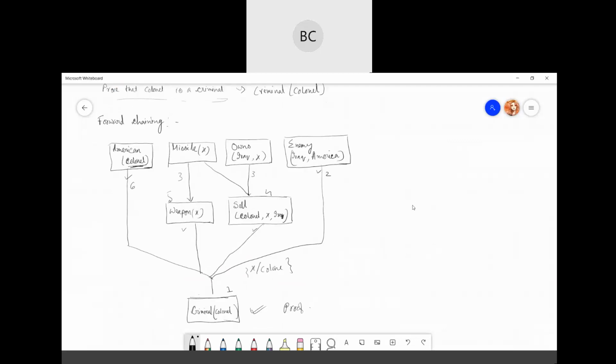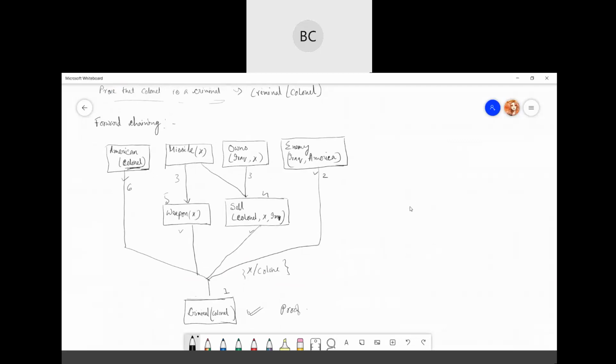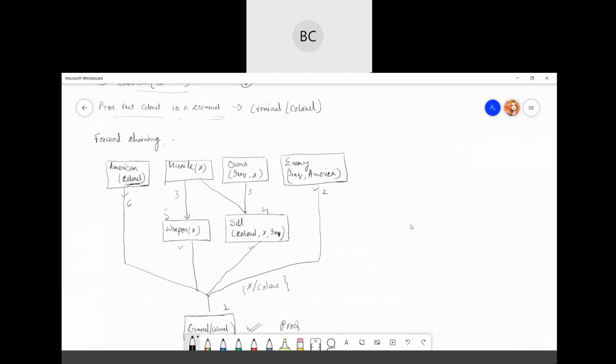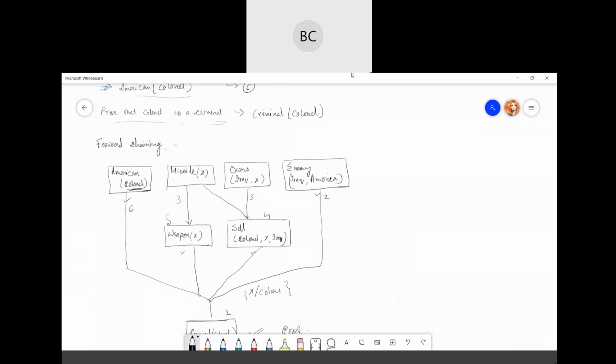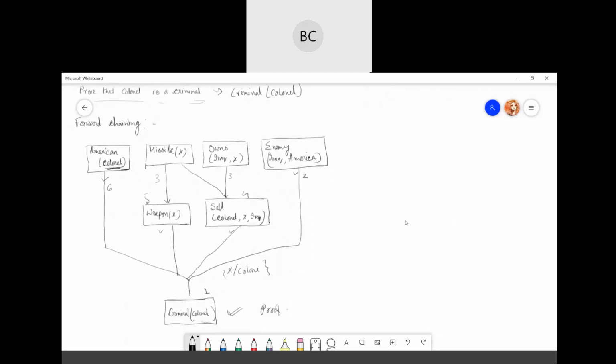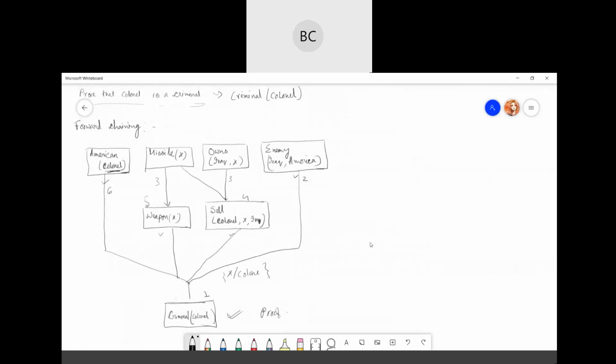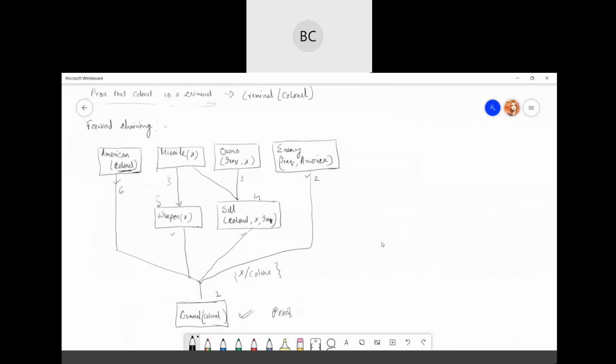Now what will backward chaining be? In backward chaining, we will start from the goal state, that means the criminal colonel part. So let's just see this one first for a while.